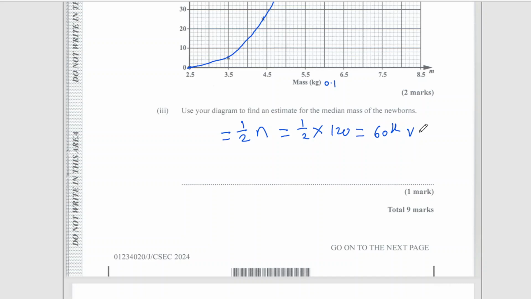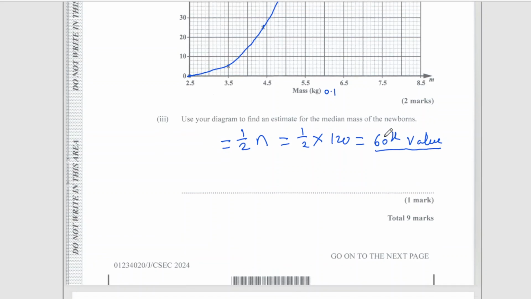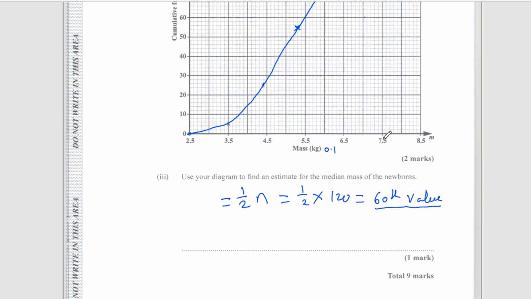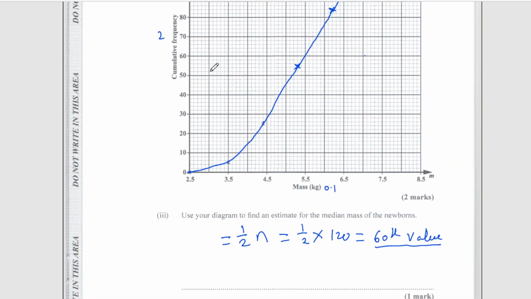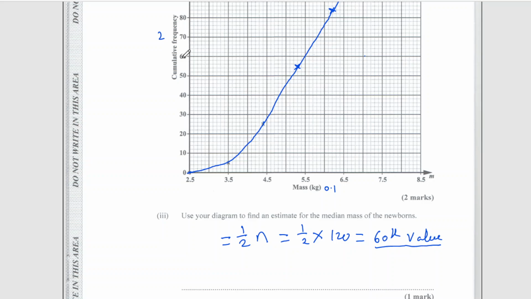So again, remember, this is not your answer. This is the position of the median. So once we have our cumulative frequency curve, we need to find what the 60th value is. So we will come onto the curve, find where the 60th value in your frequency is, make sure and draw your lines on the curve. They want to see your lines like this, right?